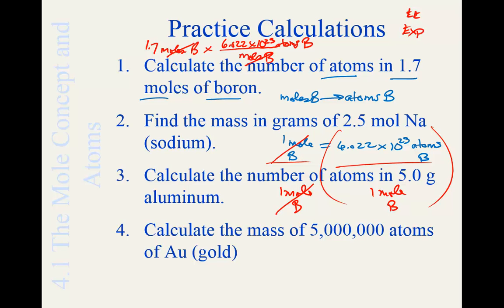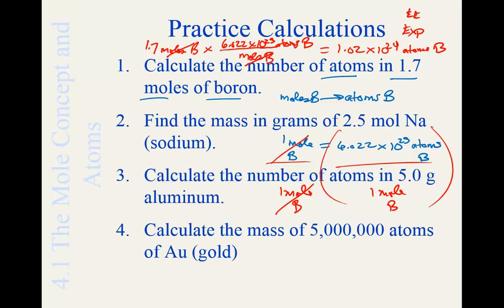So we'll put in the 6.022, then hit the EE key, then put in 23 and hit enter, and we will get an answer of 1.02 times 10 to the 24th atoms of boron.